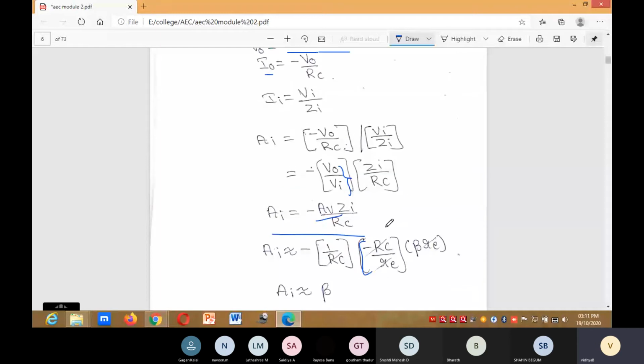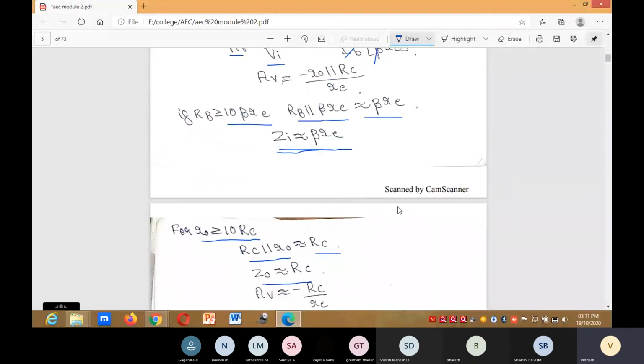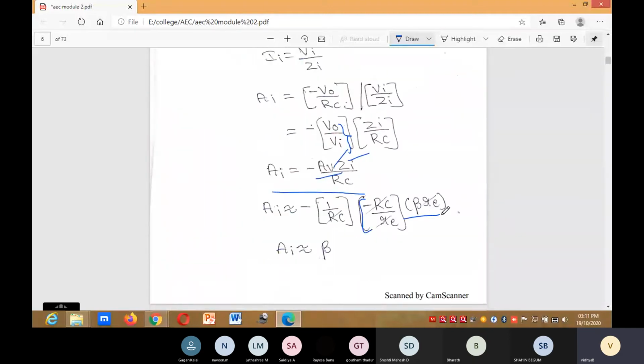These values are the Av value and the Zi value: Zi is beta Re and Av is minus Rc divided by Re. Then Rc gets cancelled, Re gets cancelled, so the current gain is equal to beta.